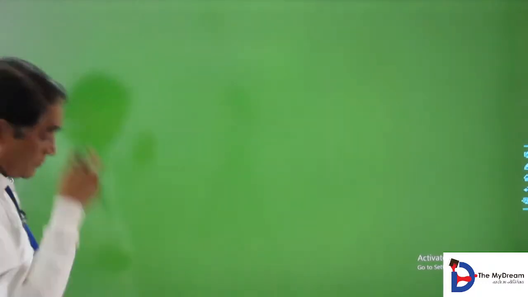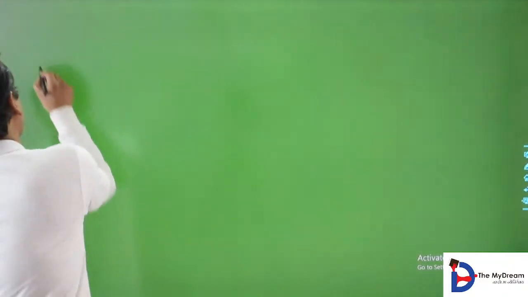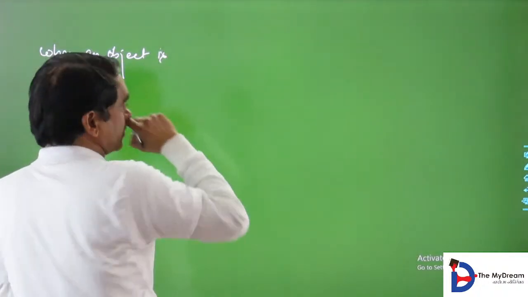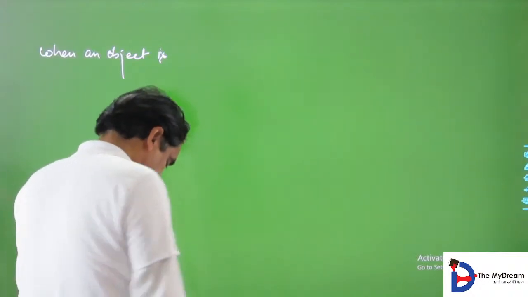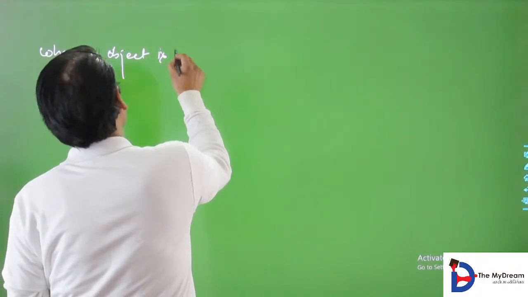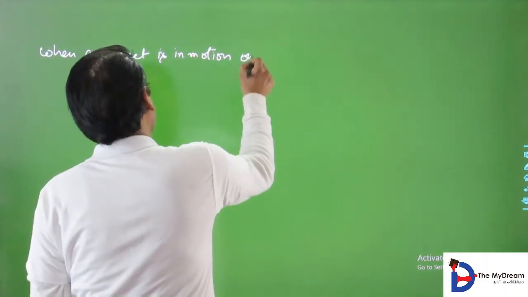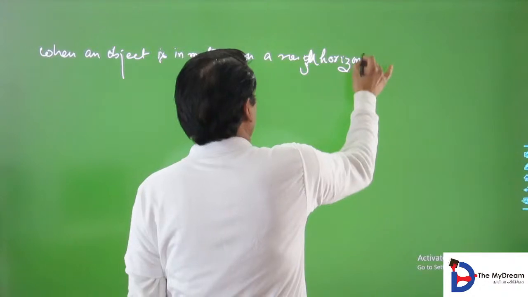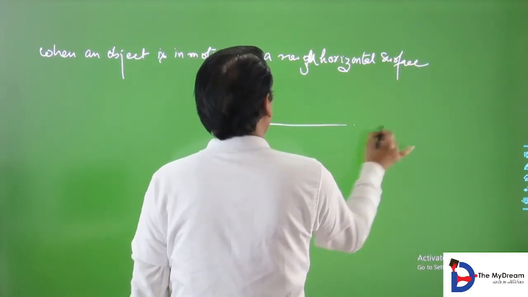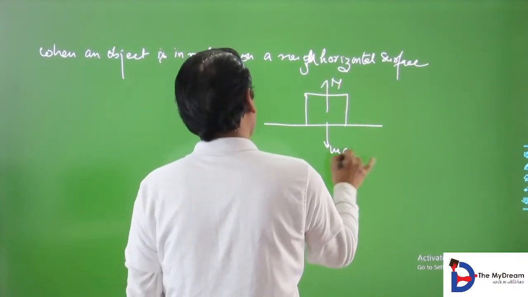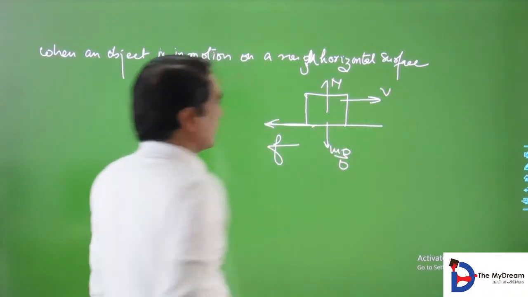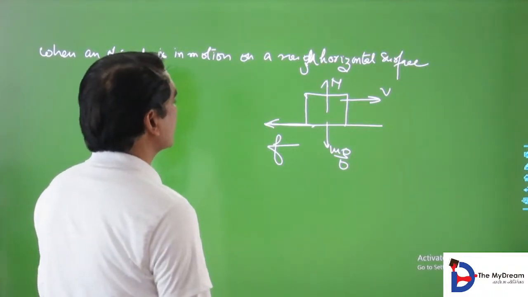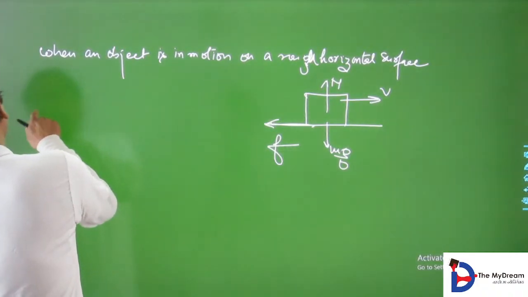Now when an object is moving, when an object is in motion on a rough horizontal surface, this is the horizontal surface and you are saying V velocity. ऐसे लिख दो. ये नहीं लिखना चाहते तो आप ऐसे लिखो.